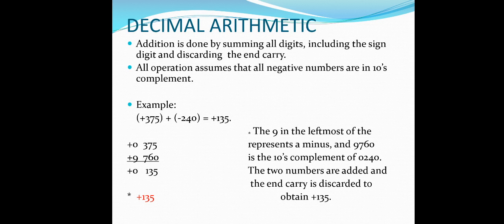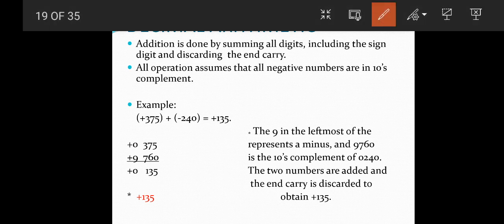So if you have a negative number, you have to get first the 10's complement. The 9 in the leftmost will serve as your minus, and the 0 will serve as your plus.